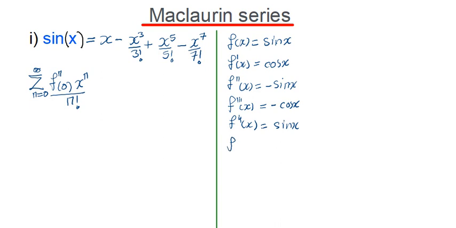Then the fifth derivative is going to be cos x. Then the sixth derivative is just going to be equal to minus sine x. Then the seventh derivative is just going to be minus cos x.